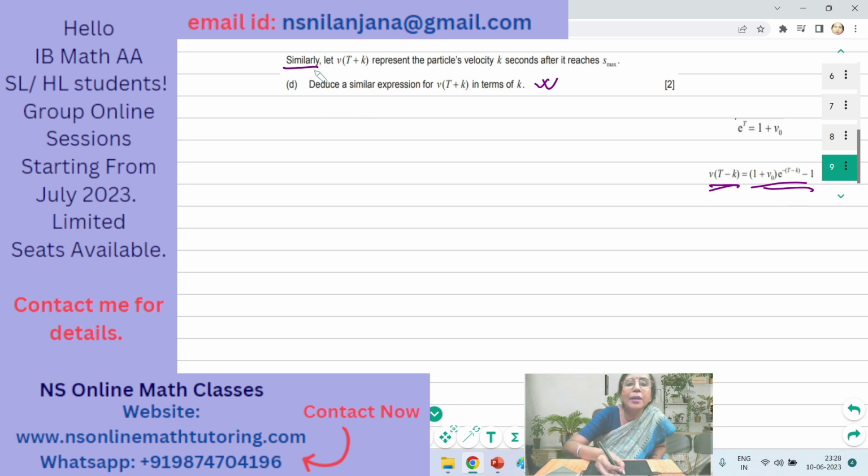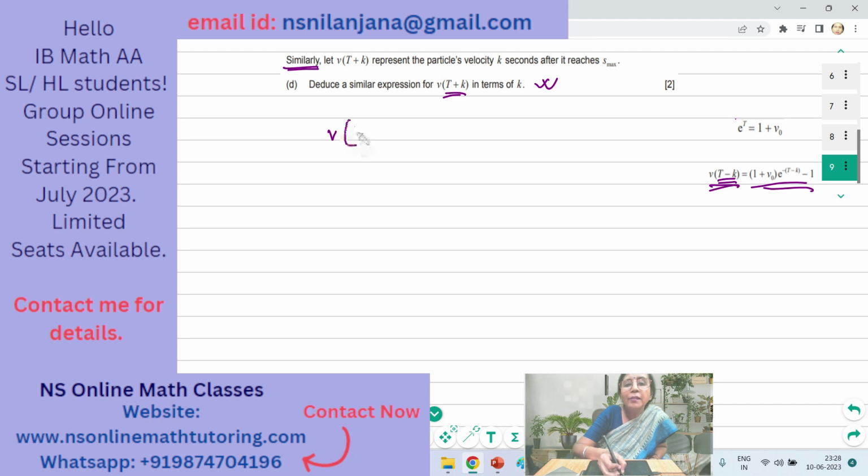So similarly means in place of capital T minus k, we will be having capital T plus k. That is the difference. And in the original expression, it was V of small t, and in place of T plus k or T minus k, it was e to the power of negative small t. So we will be just substituting.